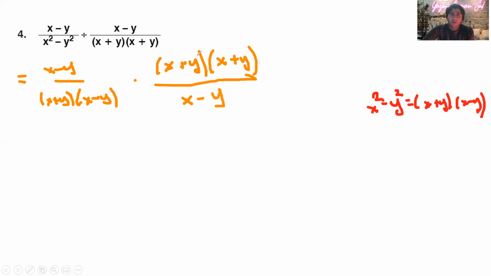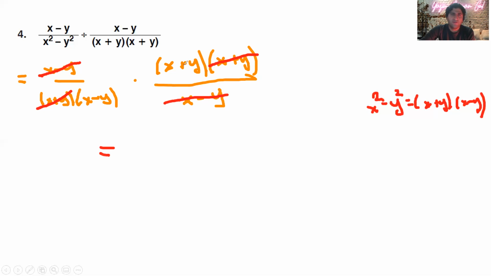Okay, so once I write it like this, then again I'm going to look for what I can cancel out. You see this x minus y here, x minus y here, they will cancel each other. X plus y here, x plus y here, they will cancel each other. Then what is left?